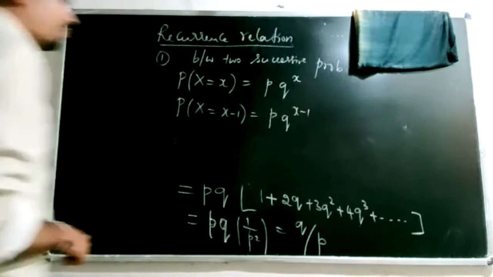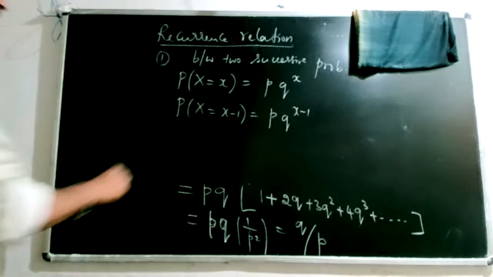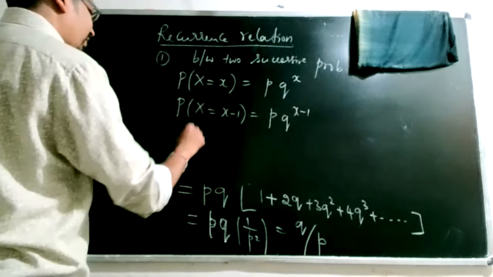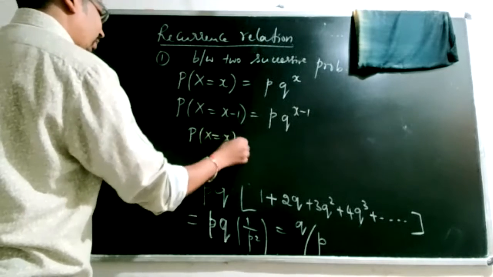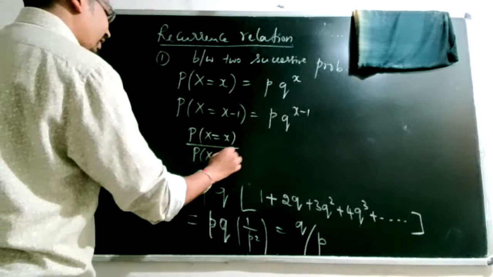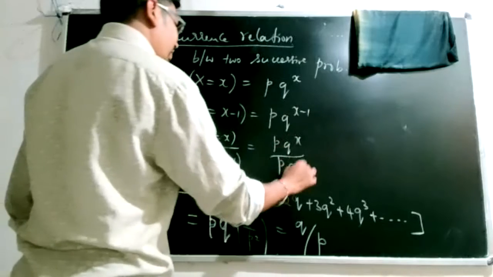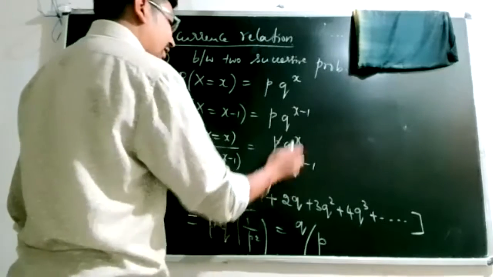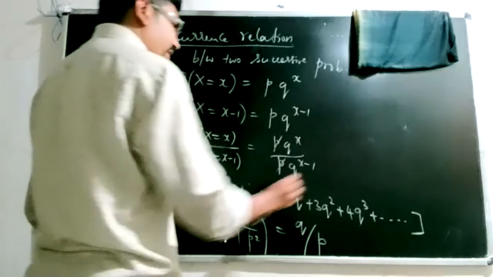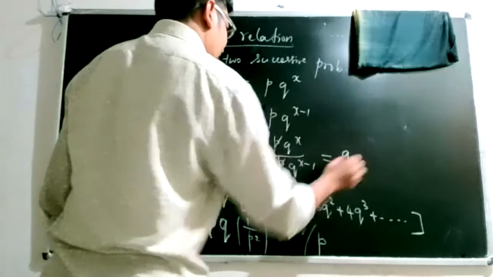So it will be p into q power x minus 1. So if you divide them, you will get the recurrence relation. Divide and simplify. So p q power x by p q power x minus 1. So p gets cancelled, q power x by q power x minus 1 produces q.